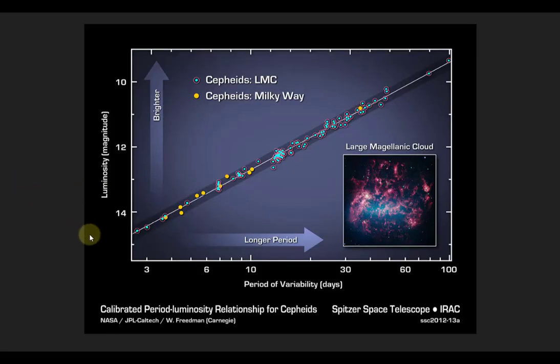When we look at the graph of the period of variability, say in days, this is 3 days, 6 days, 10 days, and so on, versus how their luminosity changes, we can see this graph here. This is a straight line, so we can find distances to faraway objects by just knowing the period of the variability.